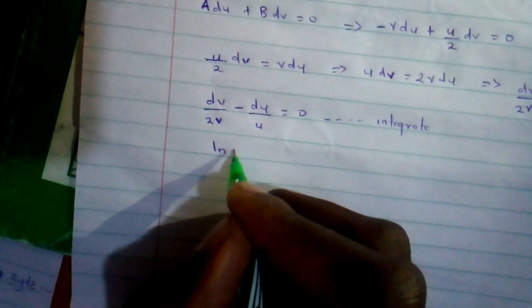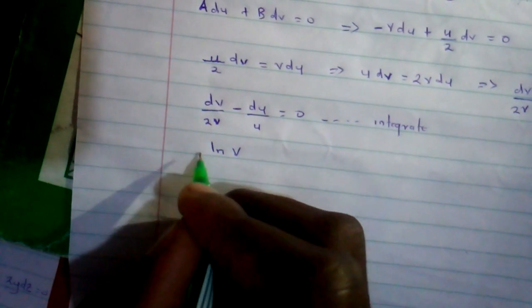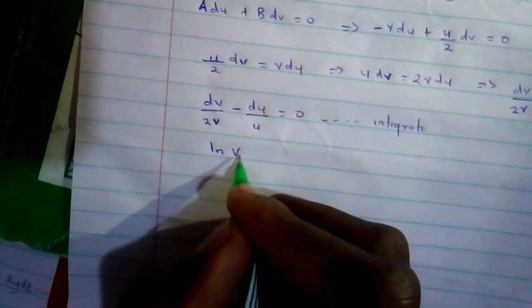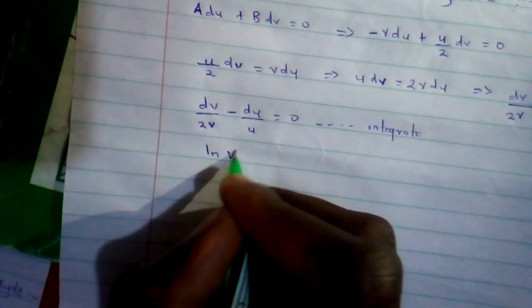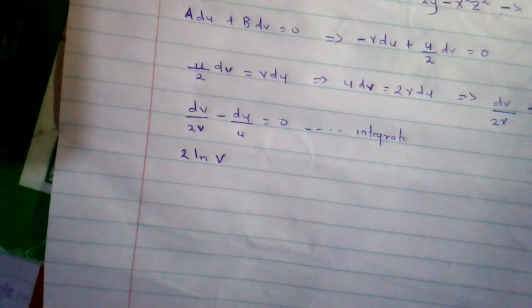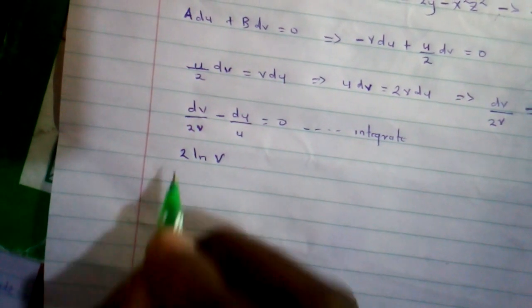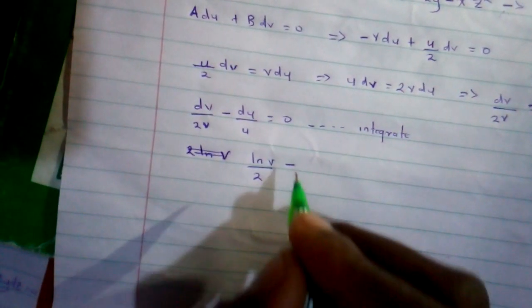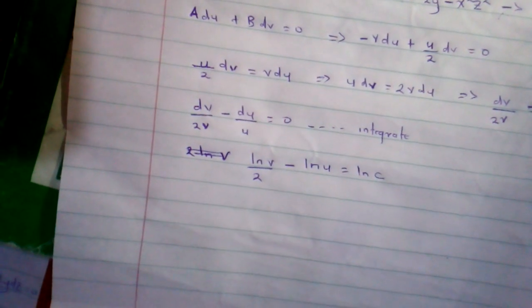When we integrate that, we obtain ln v all over 2 minus ln u is equals to ln c.